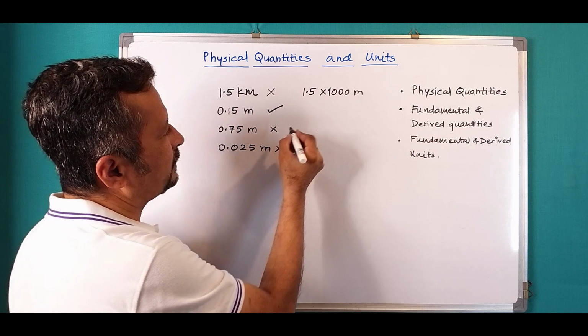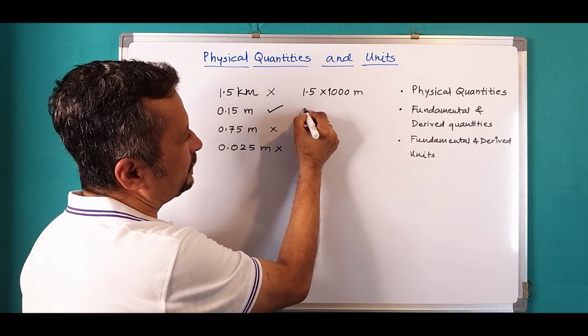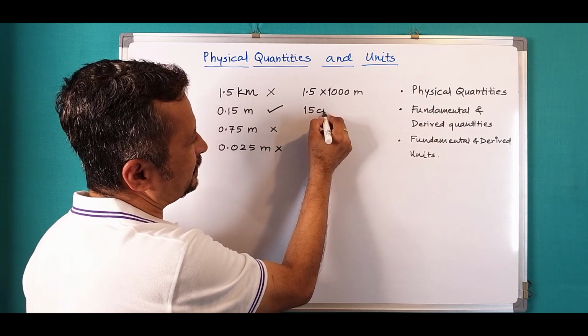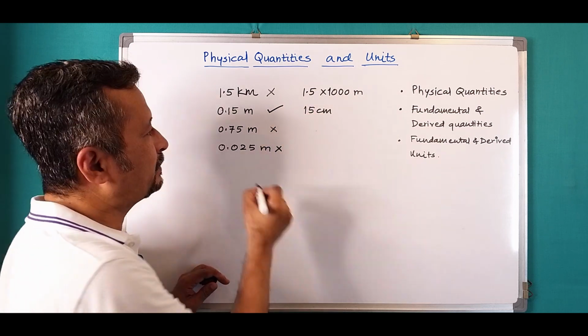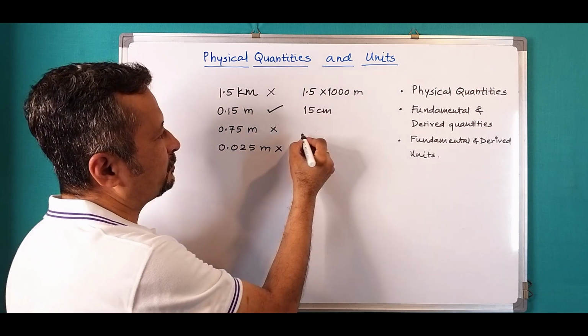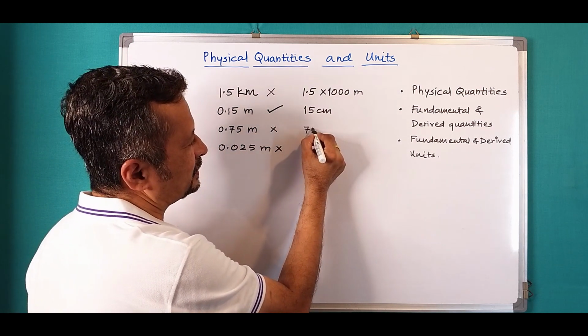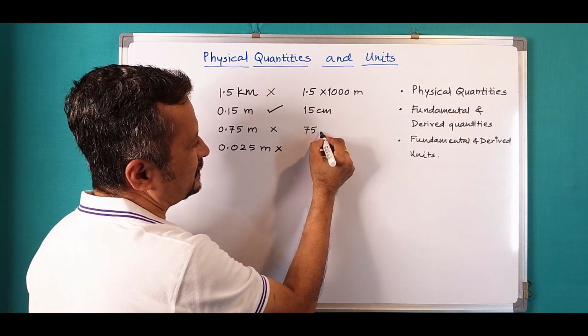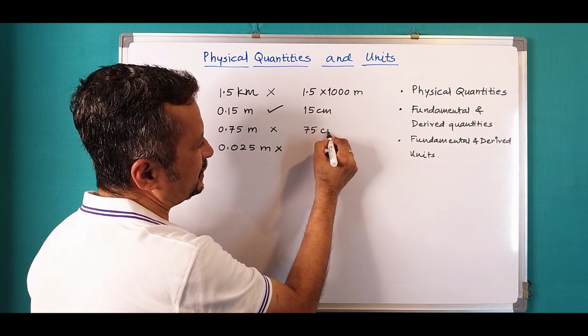0.15 meter is 15 centimeter. 0.75 meter, I convert that into centimeters, so I multiply by 100, and it would be 75 centimeter.